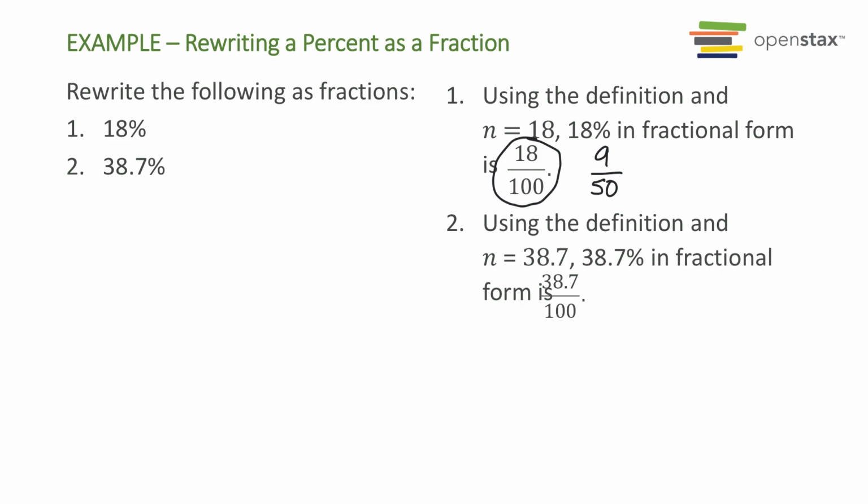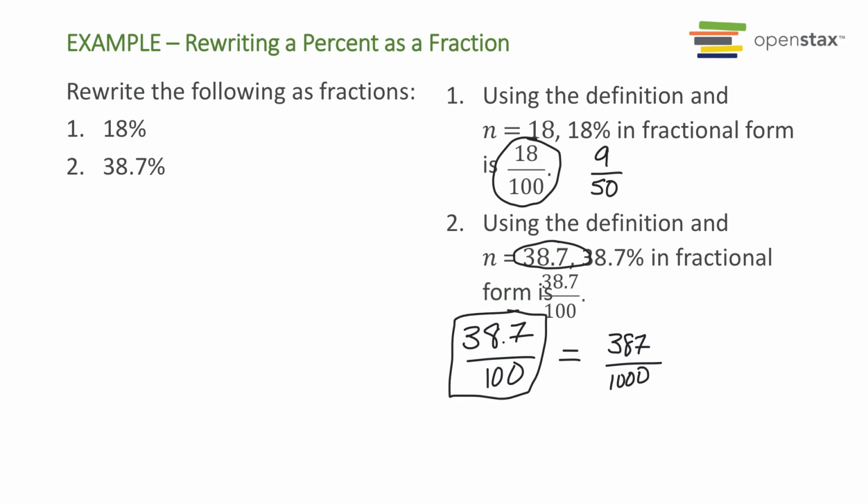And the same thing for 38.7%. That would be 38.7 divided by 100, which doesn't convert nicely to a simplified fraction, but this is actually equivalent to 387 divided by 1,000. But in its percent form, it's 38.7 divided by 100.